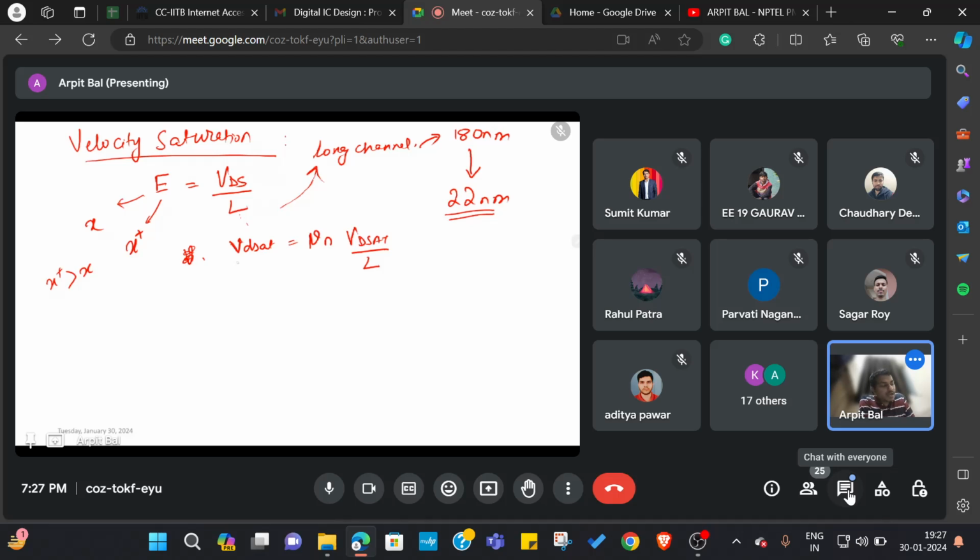This is the velocity, this is the mobility, and this is the saturation velocity.